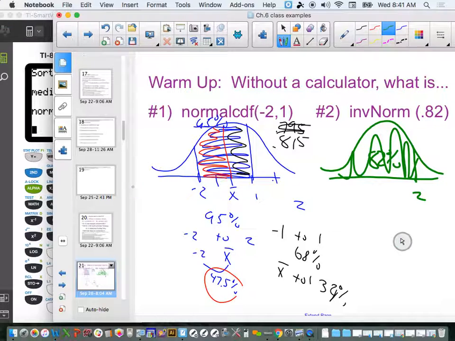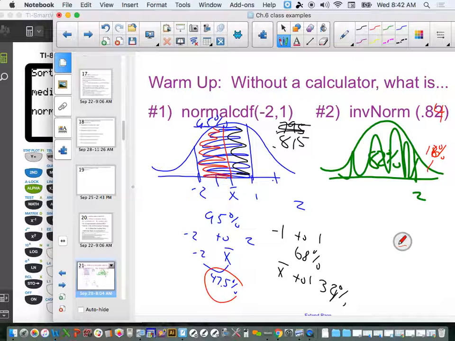it. So if 82% is below it, then 18% is above it? Is that right? I think I did my math wrong, because that doesn't work out to be a whole number z-score, does it? It's like 0.9. Yeah, I think I meant for this to say, what was half of 30, I must have done the same thing here. 68, 32, I think I meant for this to be 16, so this should have been 0.84.